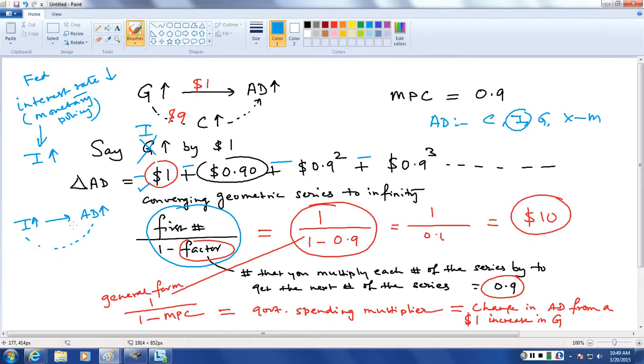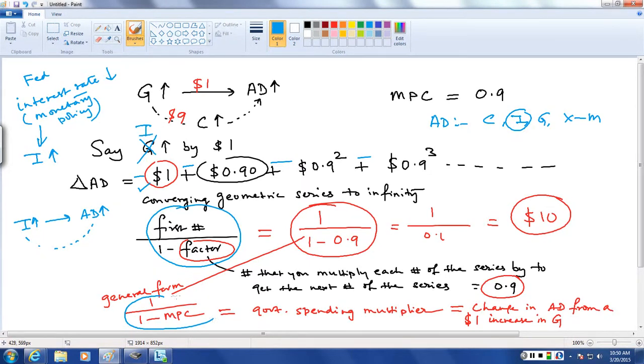Spend all of it or a part of it? The MPC part. They would buy bread from the baker. The baker then would buy meat from the butcher. So you have the same story, basically. Is that right? So you have exactly the same sequence of numbers. And if you add them up, what do you get? You get exactly this. In other words, you get exactly that.